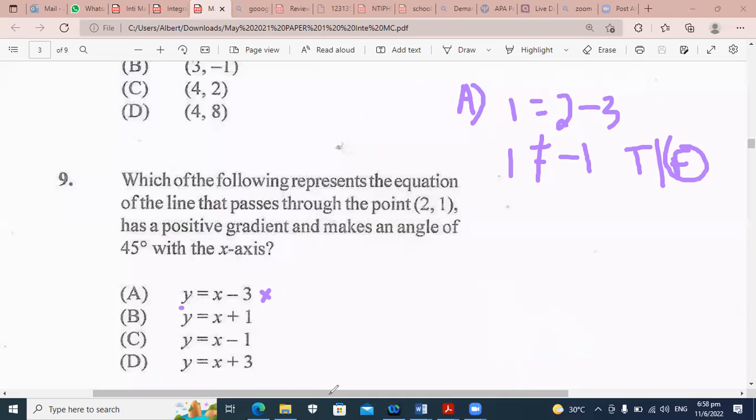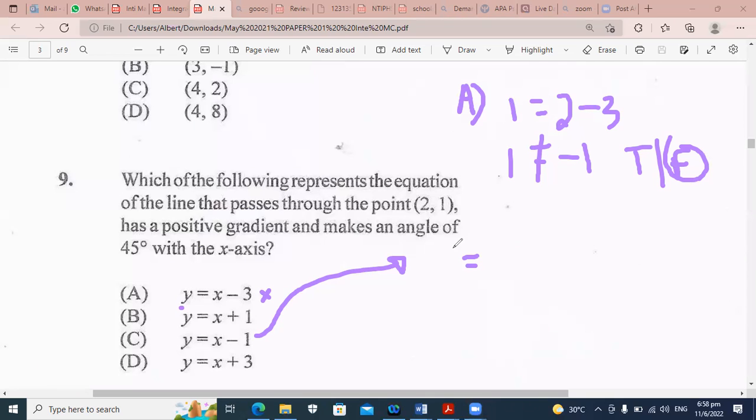Sir, the answer is C. All right, let's try C. So we have y is equal to 2, and we have x. Sorry, y is equal to 1.